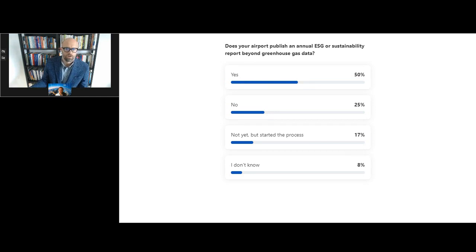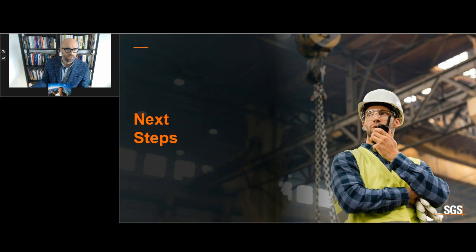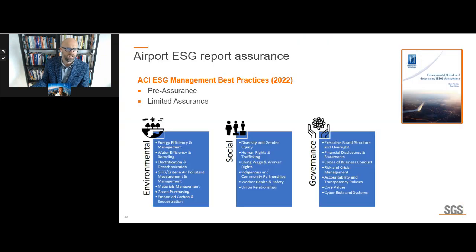So one of the things that we talk about as far as next steps is just keeping you updated. We showed you it wasn't a very long ramp up to the ACA program itself. And now ACI has released this new guidance on ESG, environmental, social, and governance management. These are best practices. Again, similar to the benefits and the value of ACA, this is customized and specifically only about airports.